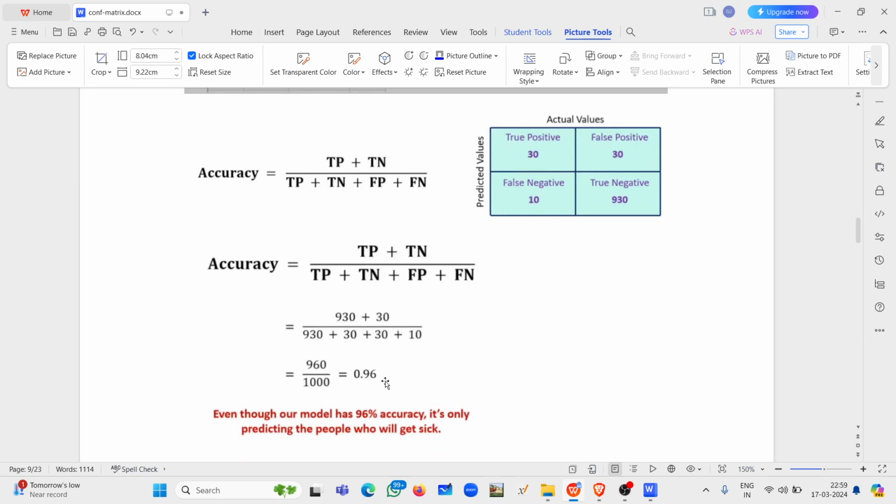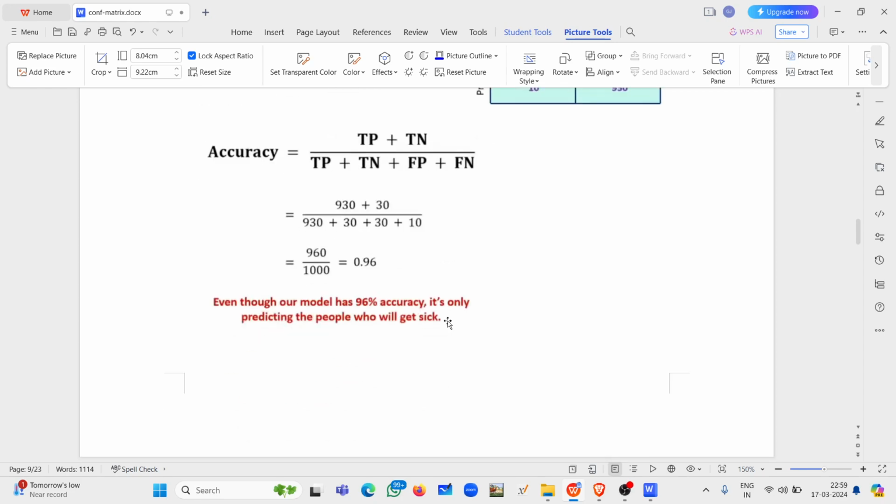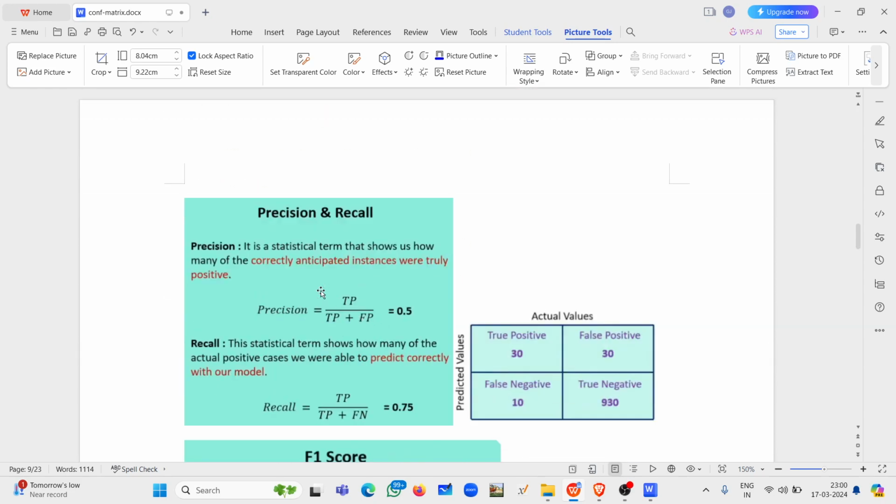Now we say the overall accuracy of this model is 96%. But even if we say 96%, it is only predicting the people who will not get sick. Whatever the other part is, it is unable to address that one. Now we have the model like this.